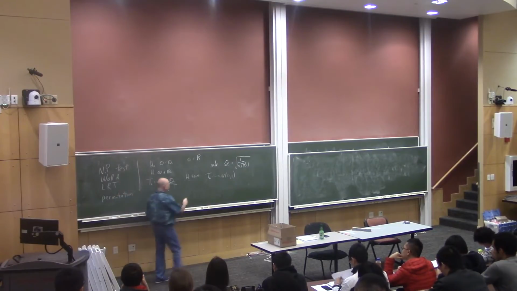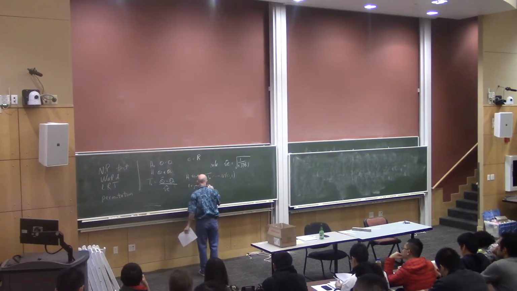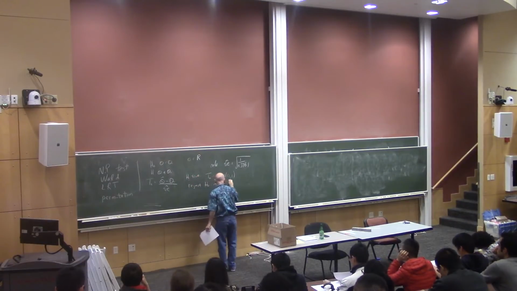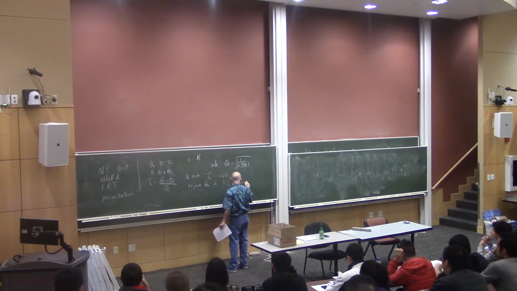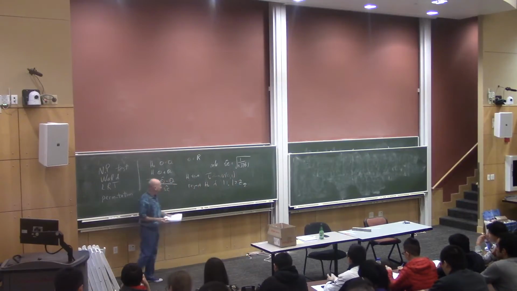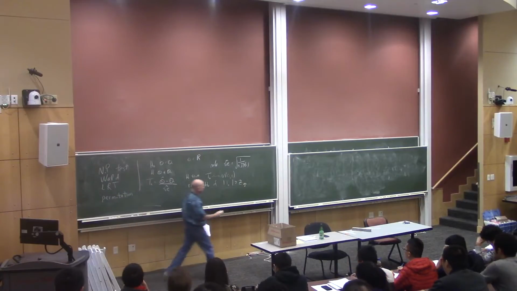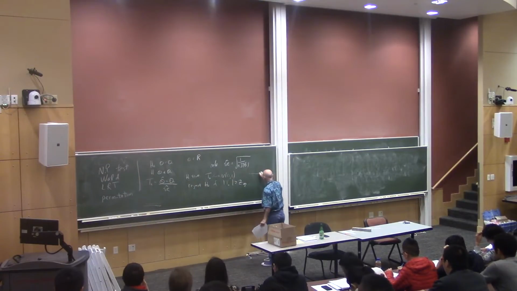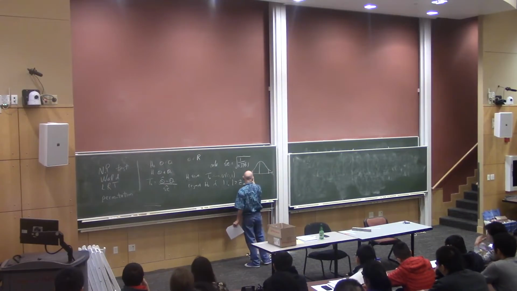And so the rule is to reject the null hypothesis if this is bigger than, I think there's a typo in the notes here, it should be bigger than z alpha over 2. Remember that for the two-sided alternative, you need to use alpha over 2. Why? Because we want the type 1 error to add up to alpha.